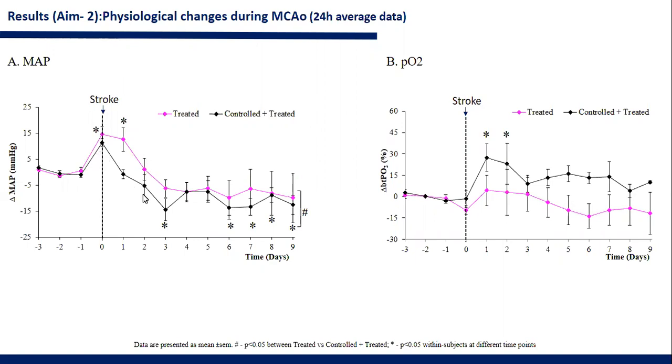In the control plus treated group, the brain tissue oxygen was significantly increased in the first 48 hours after stroke, which is again probably due to the labetalol characteristic, as I mentioned earlier, which preserves the cerebral blood flow despite reducing the blood pressure.